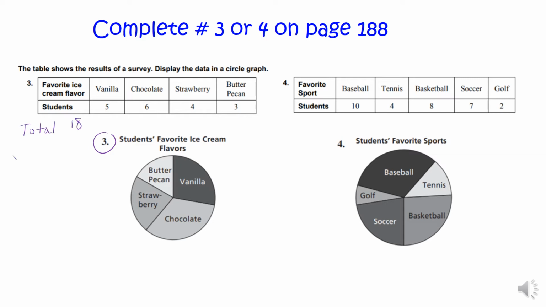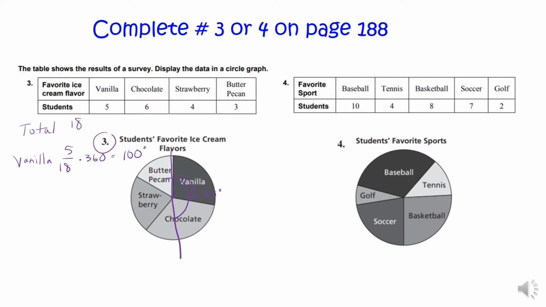Okay, so when I'm figuring out vanilla, I'm going to say 5 over 18 times 360, and that equals 100 degrees. So again, start by making a diameter, put your protractor on there, and this one's over 90 degrees, so you're going to go this way and go past 90 degrees to get to 100 degrees.